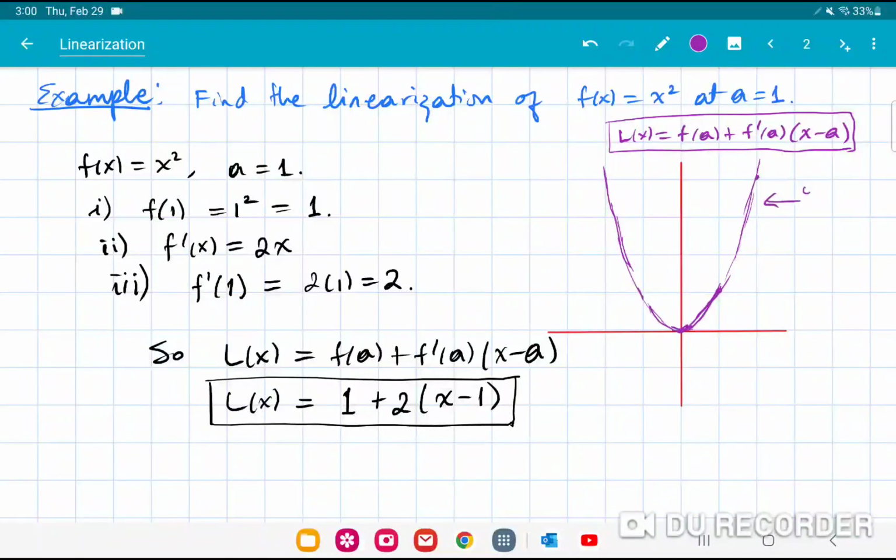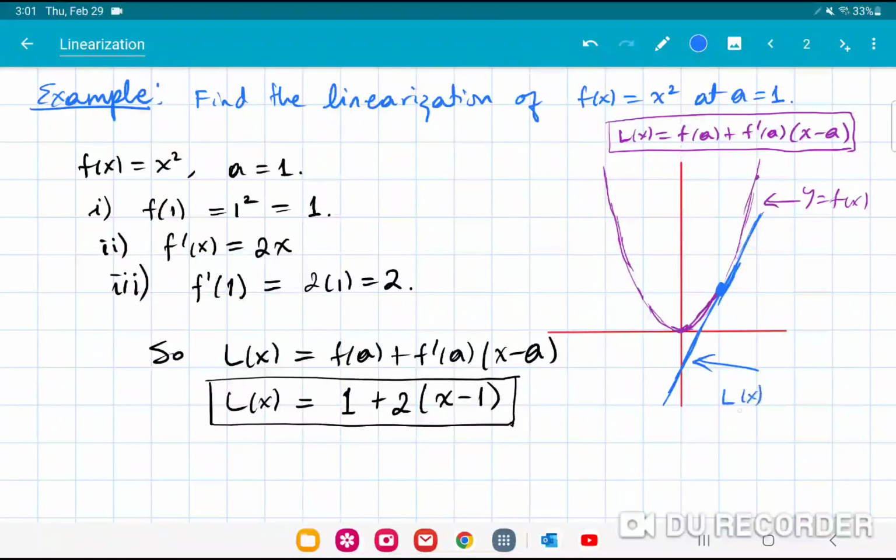This is y equals f of x. And what we just created is a new function passing through this point with a slope of 2. Rise over run is 2. So if you do that, y equals 1 plus 2 times x minus 1, you get this tangent line.